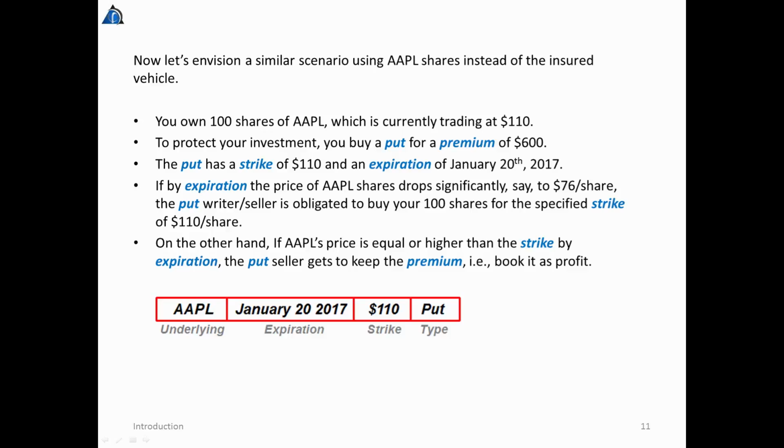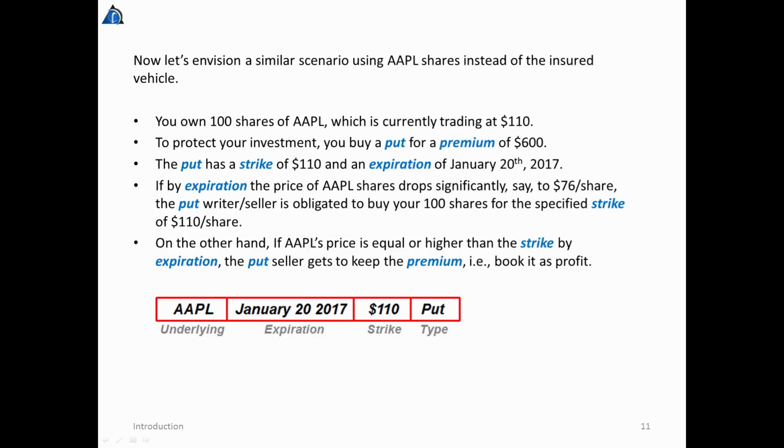If by expiration the price of Apple shares drops significantly, say to $76 a share, the seller of the put, the person or the party who sold the put to you, is obligated to buy your 100 shares for the specified strike of $110.